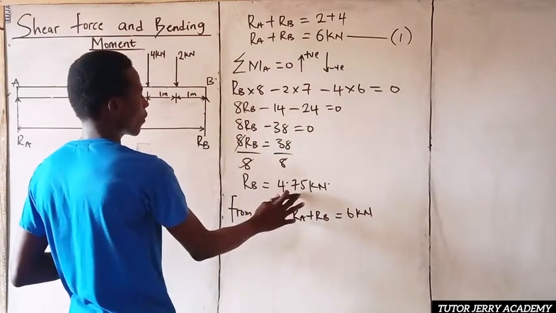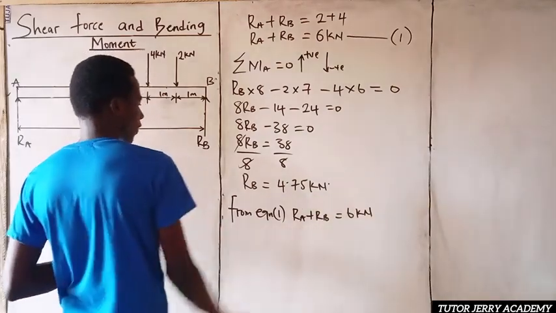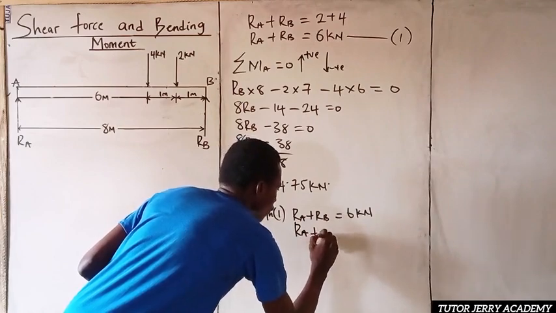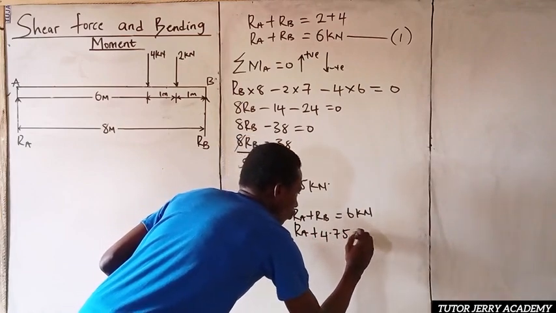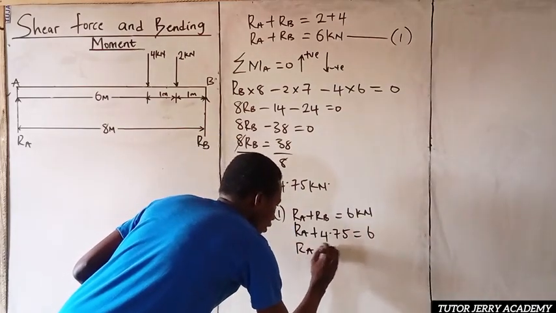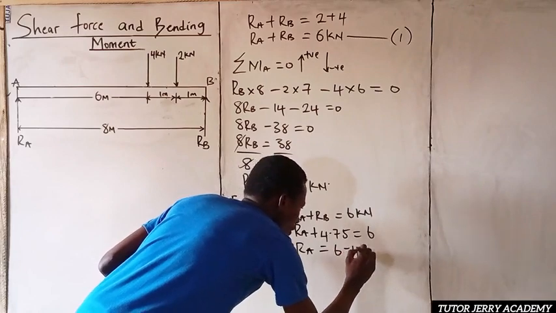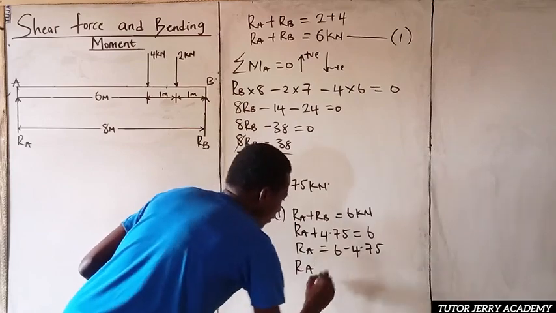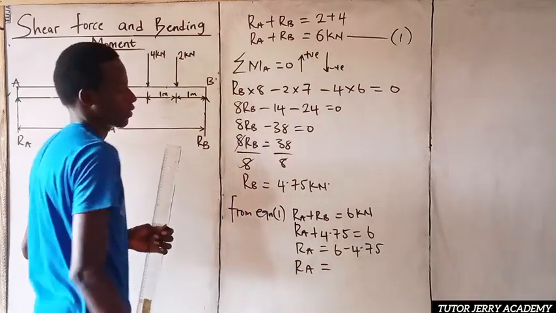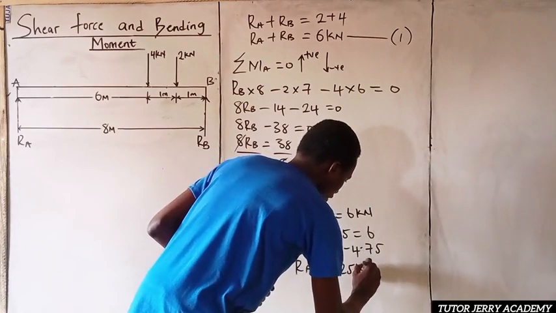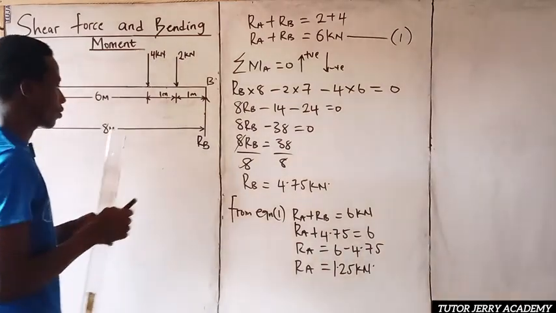If I substitute 4.75 here, this implies that RA plus 4.75 equals 6. If I take 4.75 to the other side, RA will be equal to 6 minus 4.75. This implies that this will be equal to 1.25 kilonewton.